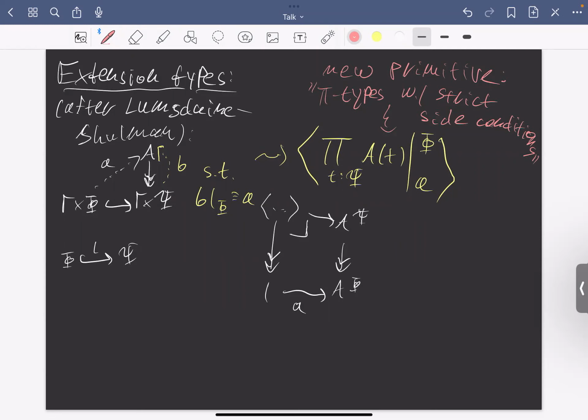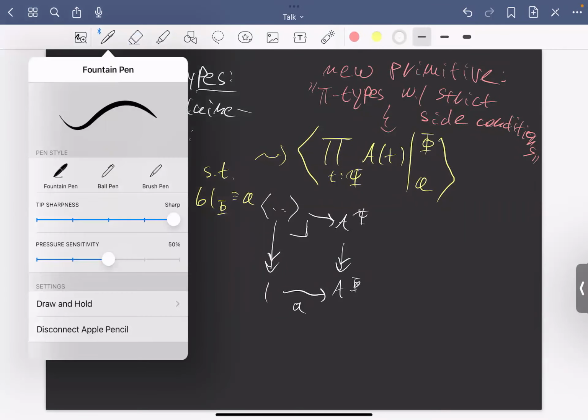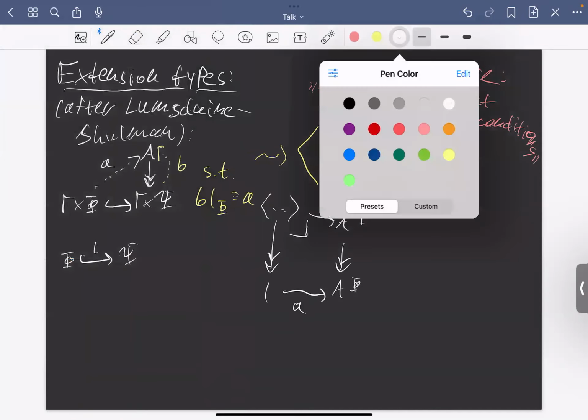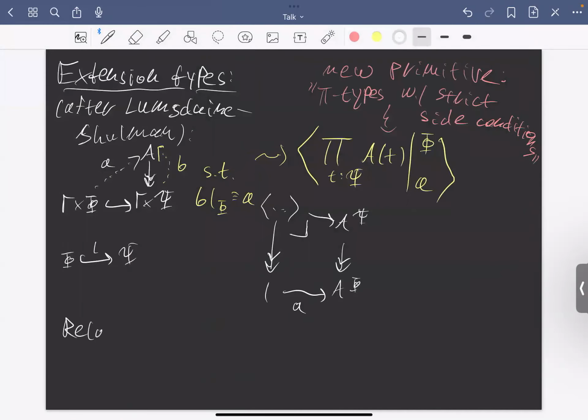And to get a proper theory, it's not enough to just introduce these rules, but it turns out we also would like to have an axiom due to Riehl and Shulman. It's what's called relative function extensionality.